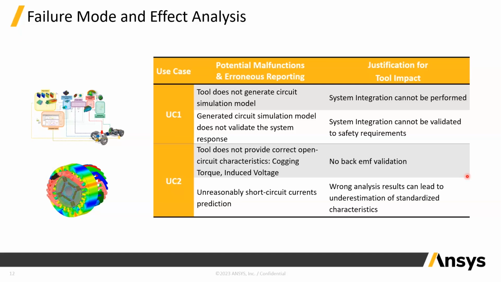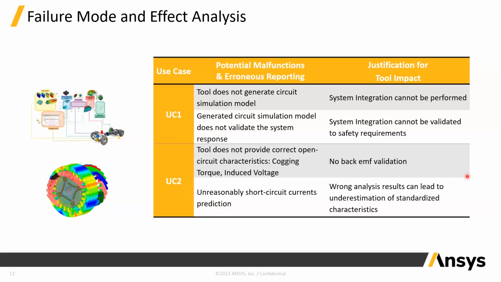And you can imagine, having experience of Maxwell usage, this goes from proper geometry import, proper material assignment, BH characteristics, proper mesh operation, and proper definition of rigid motion to be able to capture the cogging torque and to generate the induced voltage to be compliant with the standards.